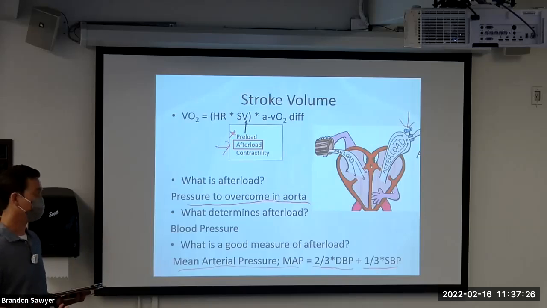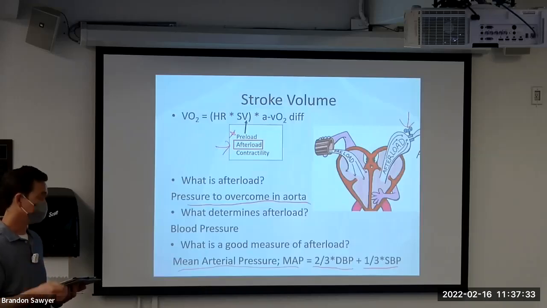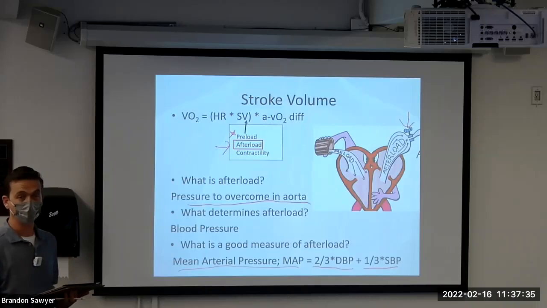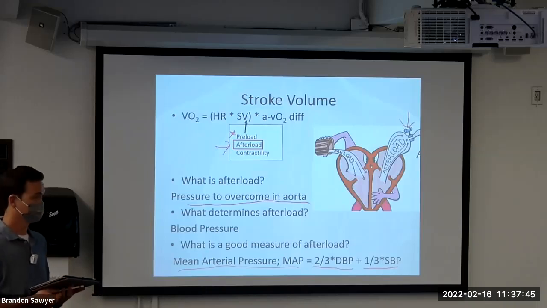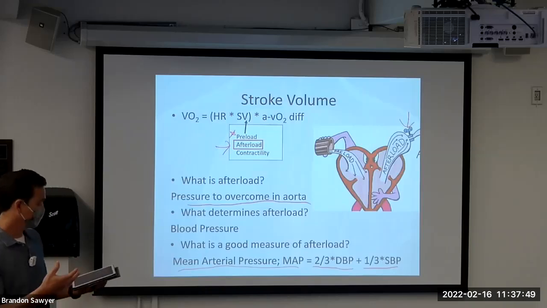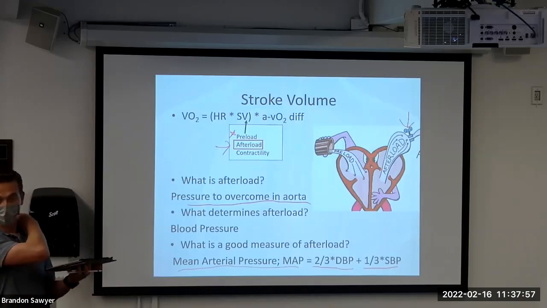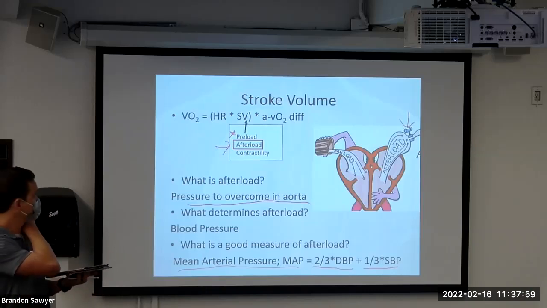So to get somebody's mean arterial pressure, we take their normal blood pressure, systolic over diastolic, multiply the diastolic by 2/3 and the systolic by 1/3, and that gives us our average blood pressure over time. This is what we're getting at with that Wiggers diagram that we'll look at again in a second, and this idea that we've got to overcome that pressure in the aorta to open up the aortic valve.